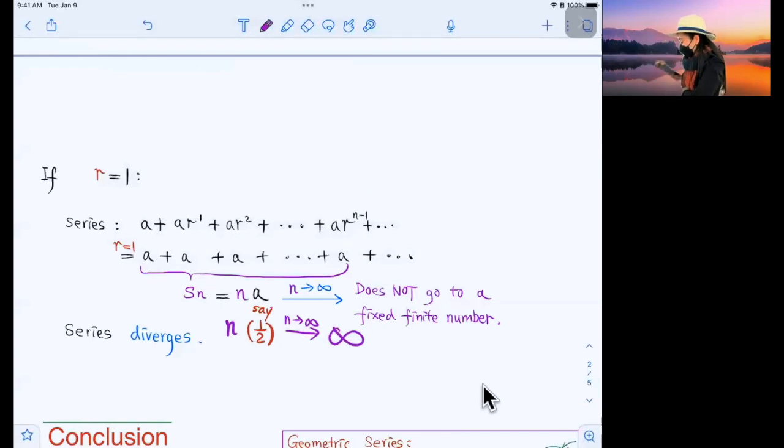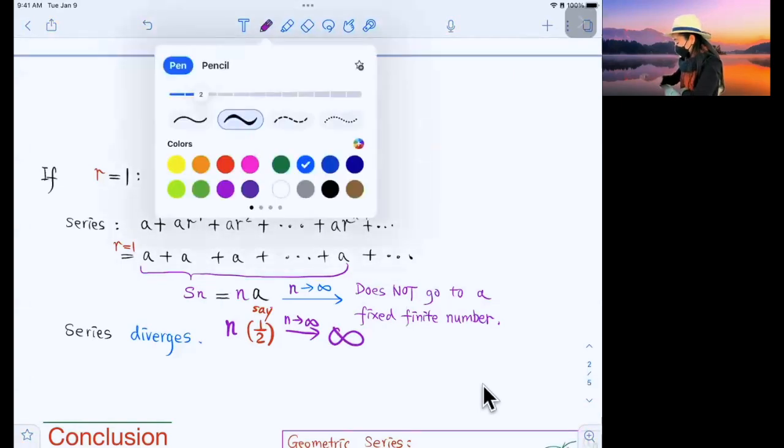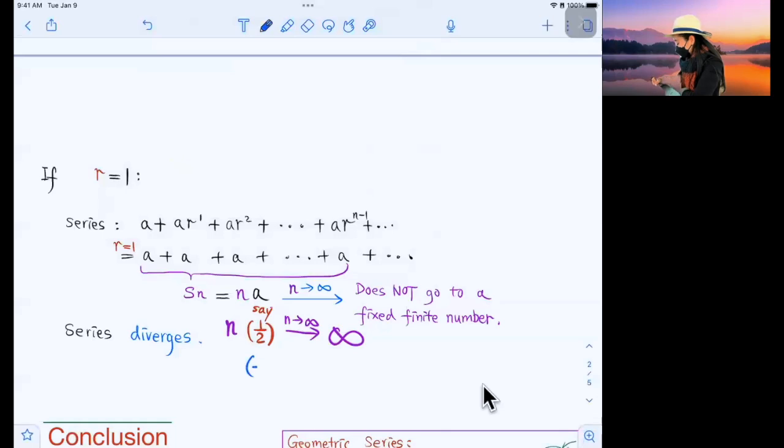If the a here is a negative number, say negative 3, and then you multiply this by n, as n goes to infinity, it goes to negative infinity.